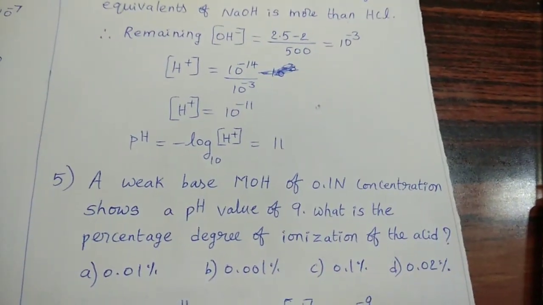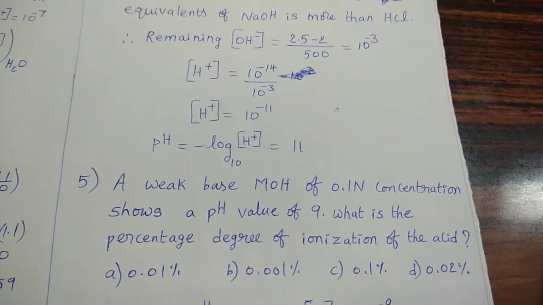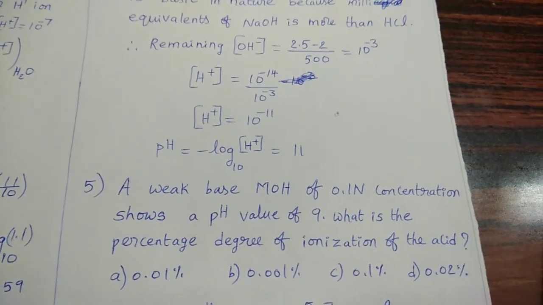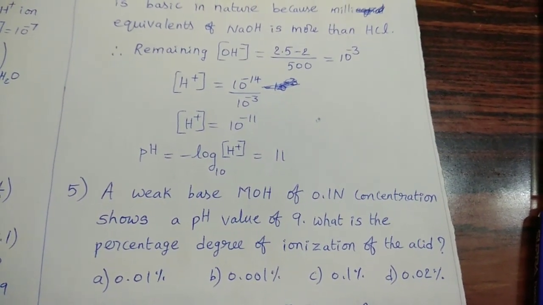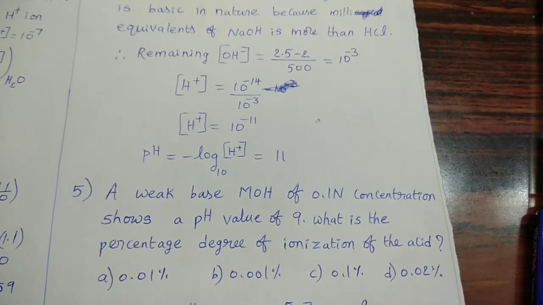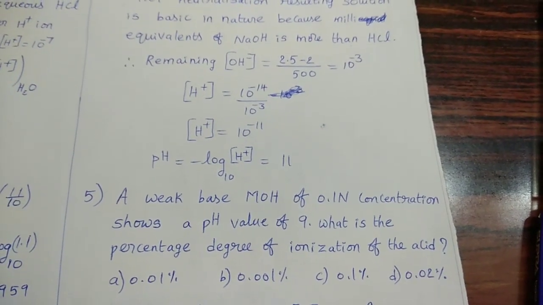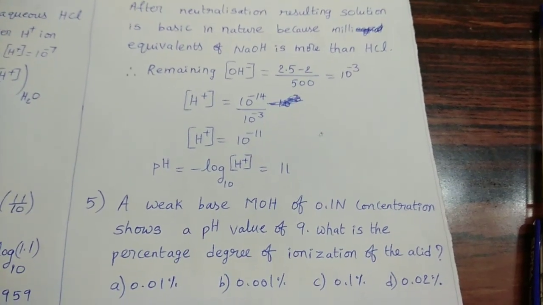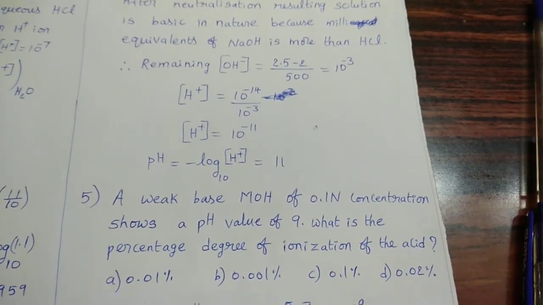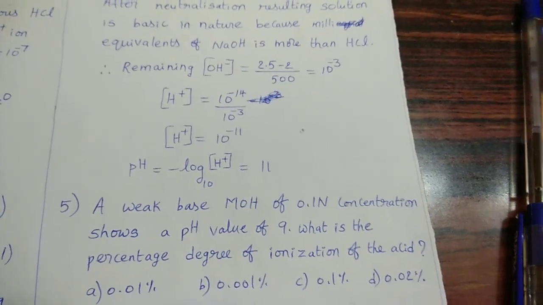A weak base MOH of 0.1 normal concentration shows a pH of 9. What is the percentage degree of ionization of the base? A general weak base, general formula MOH, concentration 0.1, pH 9. What is the percentage degree of ionization of that?